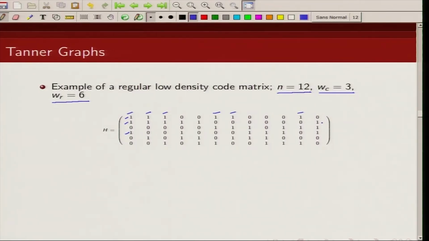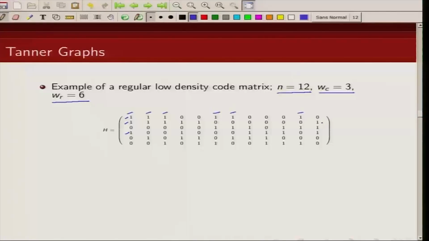Now, how do we draw the Tanner graph of this? As I said, there are two classes of nodes. One class of nodes is for the variable nodes. And how many variable nodes do we have? We have 12 variable nodes. So, let us just draw 12 variable nodes: 1, 2, 3, 4, 5, 6, 7, 8, 9, 10, 11, 12. Let us just label them.